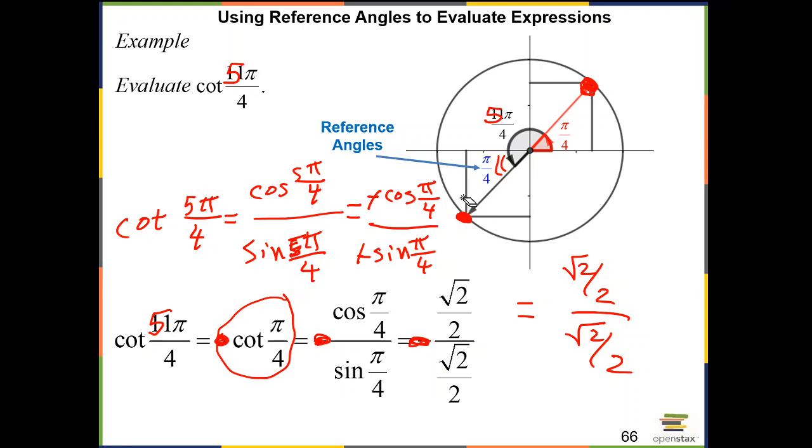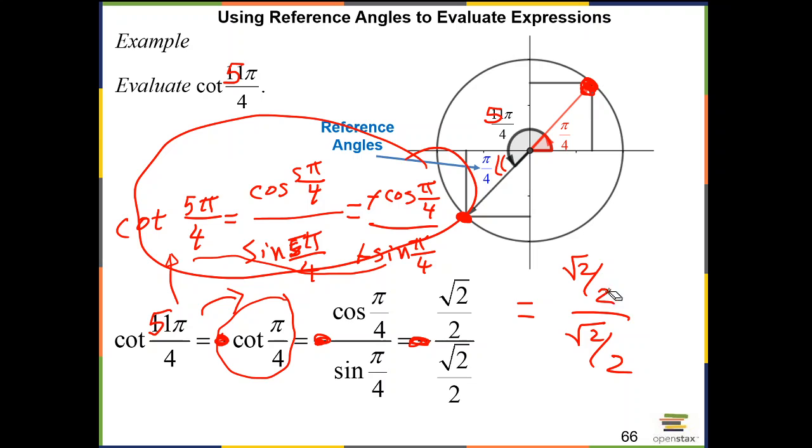So cotangent of 5 pi over 4 is the same as cotangent of pi over 4. Now we don't know that right away, so we have to convert it to this form to figure it out. Okay, so I'm going to modify this and write it this way. So the answer is 1. Okay. All right.